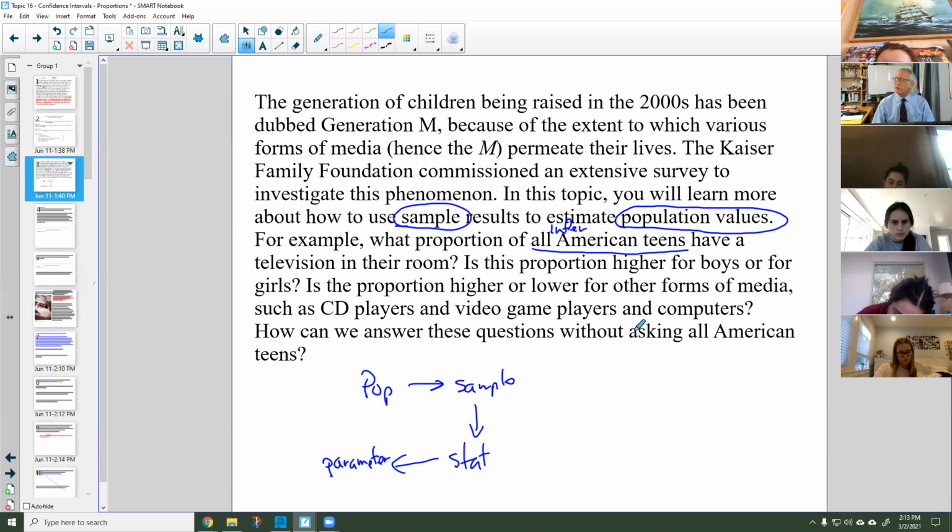How many of you guys have a television in your room? 0. 0 have a television in your room. Isn't that so interesting? In the other class, there were only 2 that had a television in their room. But everybody has a computer, right? And CD players, I mean, you guys don't even own CD players anymore, do you?